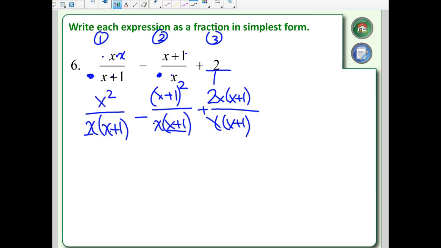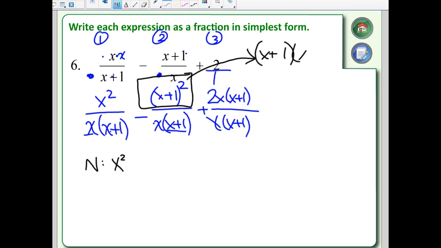Now, let's see what happens in our numerator. Okay, well, we know we've got x squared. Now, here's the deal. This guy right here, did you realize that that means x plus 1 times x plus 1. When we were back in chapter 5, you either knew the special pattern or we foiled those.